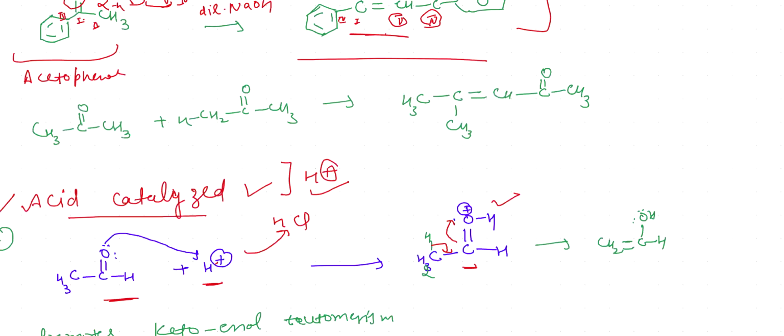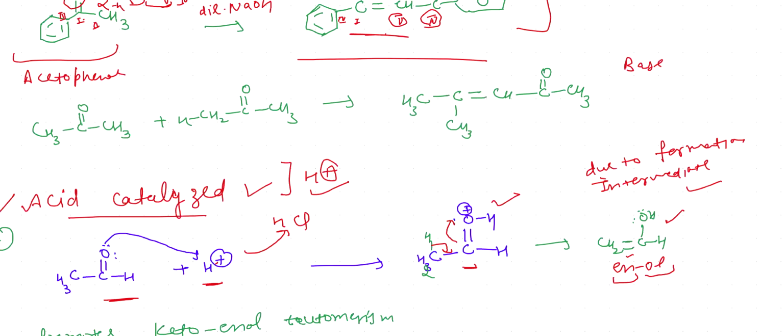Enol. En stands for double bond, ol for this hydroxy group. So due to the formation of intermediate enol, it will further attack on another molecule of acetaldehyde. Clear? In case of base catalyzed reaction, there was formation of intermediate that was enolate.